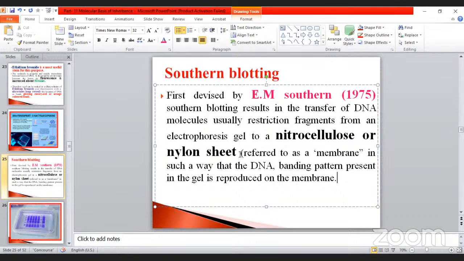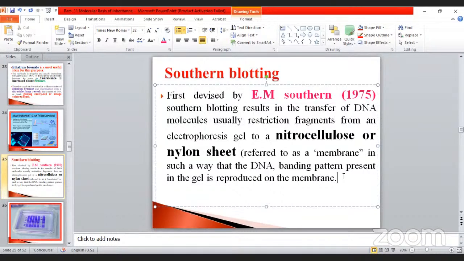Electrophoresis gel plate to nitrocellulose or nylon sheet, referred to as a membrane, in such a way that the DNA banding pattern present in the gel is reproduced on the membrane, just like a fingerprint. So the band pattern present in the gel can be reproduced on the nitrocellulose or nylon sheet.